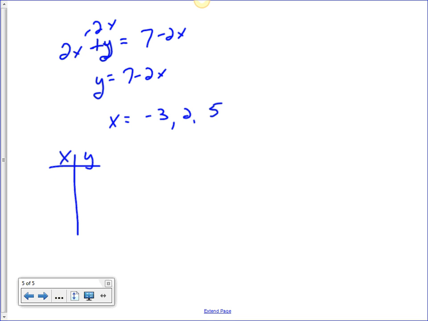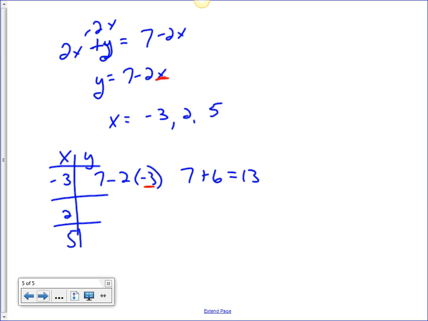So now, when you plugged in those 3 values, you should have had 7 minus 2 times negative 3, which would have given us, again, this negative 3 is simply going back into here for the x. So we should have ended up with 7 plus 6, which gives us 13.